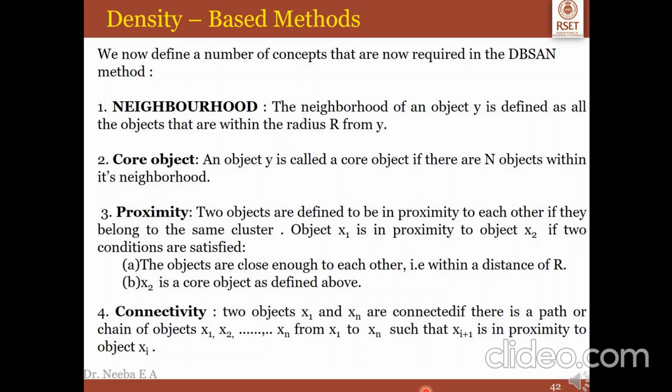When we hear this, it looks a little confusing, but 2 objects are connected if they are connected through other objects also and all the objects are inside the epsilon value. Then that is inside a cluster, all the objects are connected. Outside the cluster it is not connected. So that is what it means.